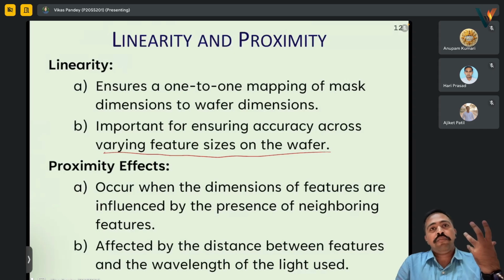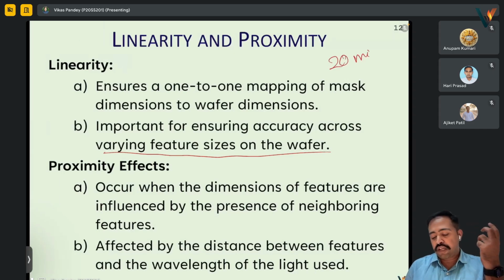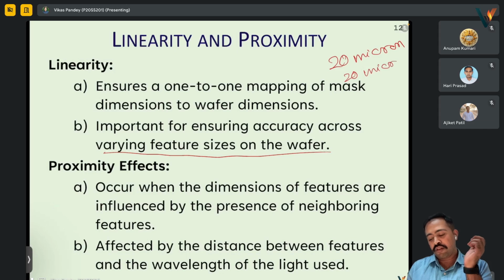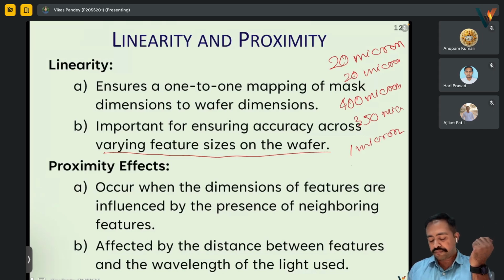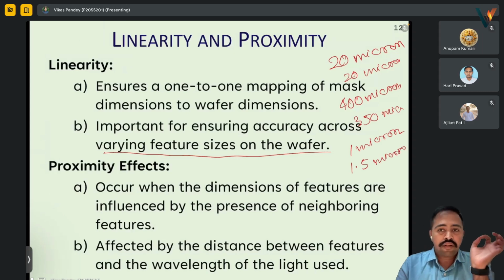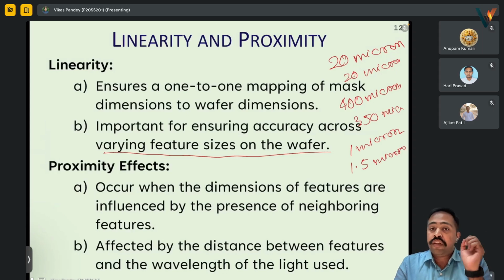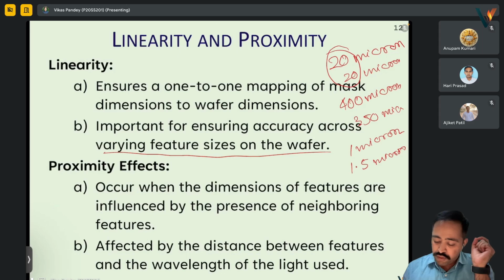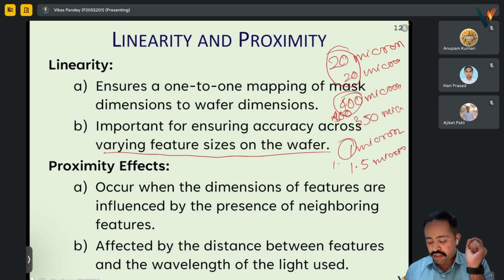It should not be that if we have a 20 micron feature, we get 20 microns, but if we have a 400 micron feature, we get only 350, and if we have a 1 micron feature, we get, say, 1.5 micron. That would not be linear. A linear one will give 20 for 20, 400 for 400, and 1 micron for 1.